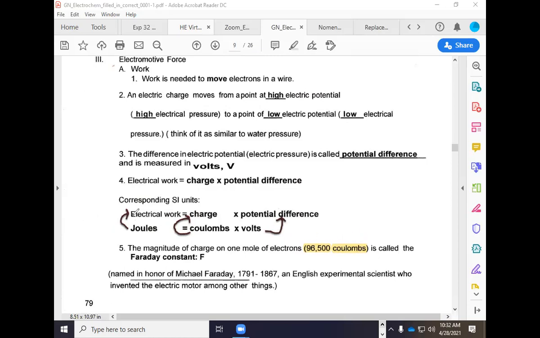This is just telling you how to get electrical work if you know the coulombs and the volts. But we do have an equation coming up where we have to use the Faraday's constant. So you want to make sure you have that on your cheat sheet.